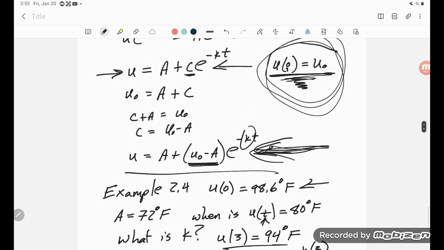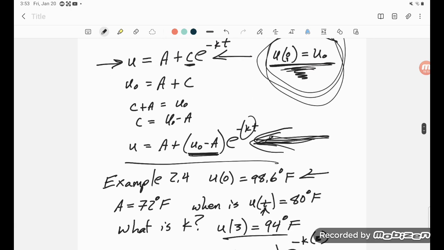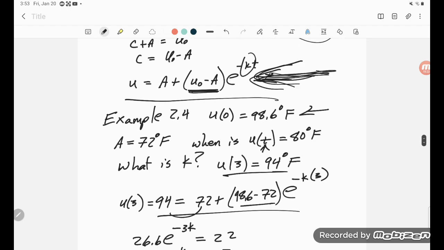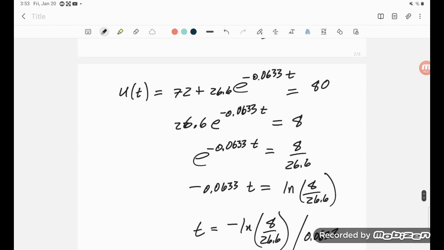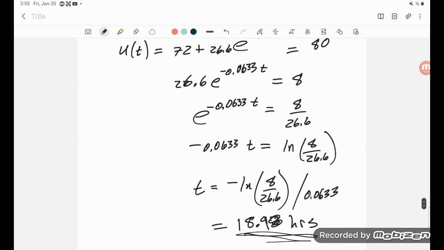But if I have the same situation, there's my function. I don't need to do any more calculus. It's all a bunch of algebra and key input into the calculator. Well, that's where I guess I have trouble, but you all hopefully would do better than me. All right, so there's Newton's law of cooling and example 2.4.